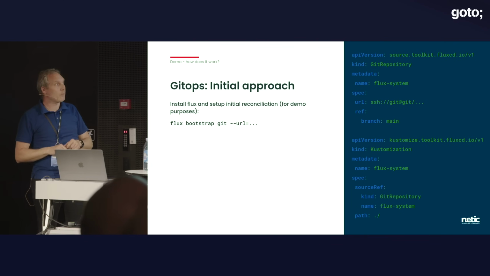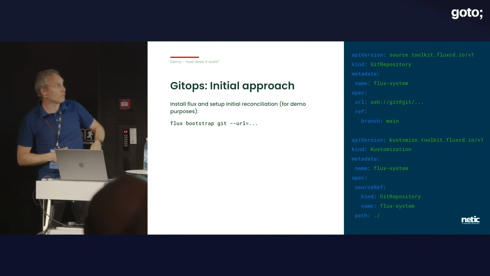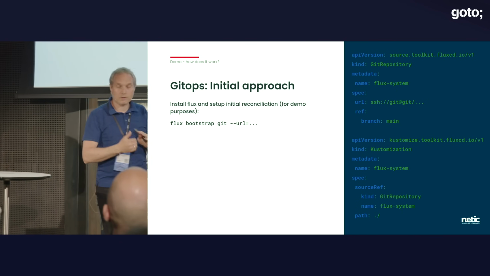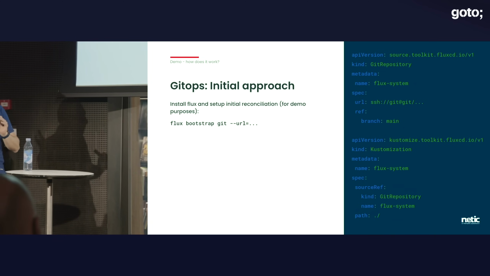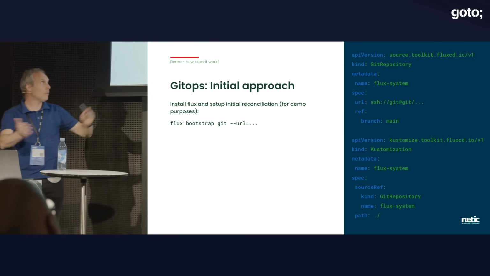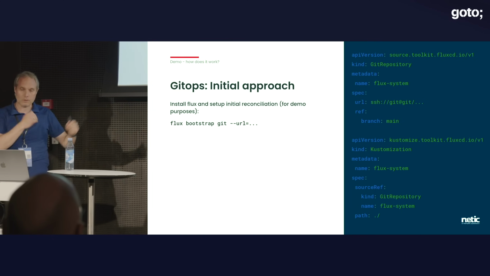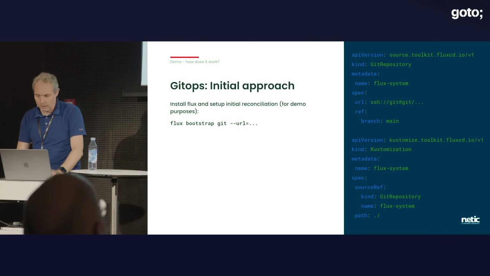And then on top of that, I put a Kustomization resource that points to the Git repository, as you can see here. And there's a path also that says, hey, everything in this Git repository, I basically just want to apply to my cluster. So anything that is coming from main of the Git repository is basically just applied into the cluster.